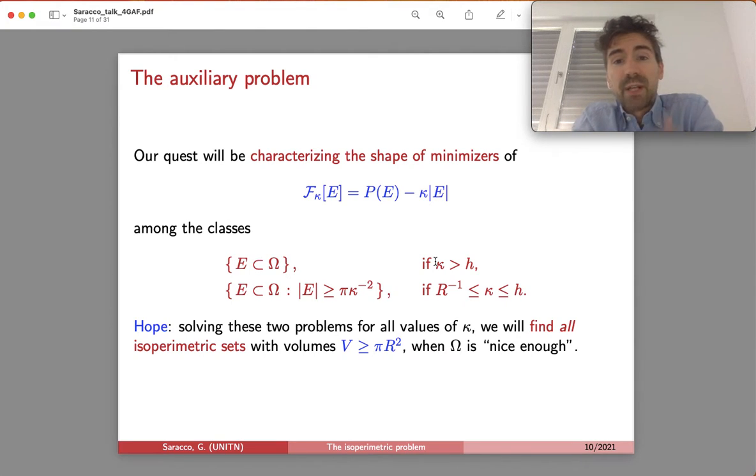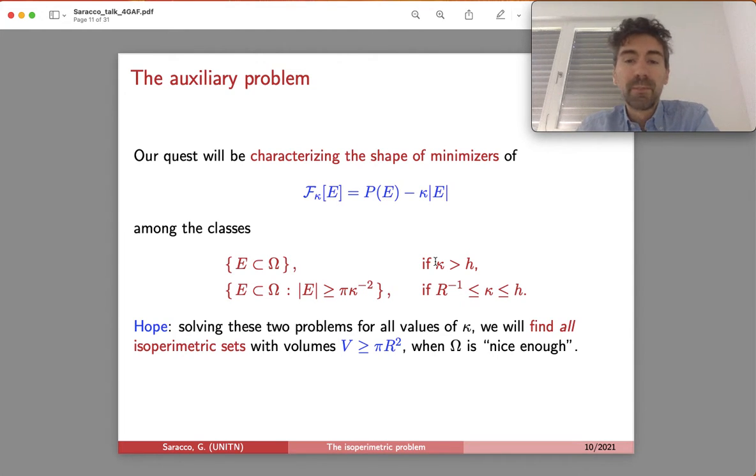So this is more or less our auxiliary problem. And we will characterize the shape of minimizers of these functionals. So we fix a positive constant kappa and we look at minimizers of perimeter of E minus kappa times the volume of E among the following classes: all subsets of omega if kappa is strictly greater than the Cheeger constant, and among all subsets whose volume is bounded from below by the volume of a ball of curvature kappa if kappa is in between 1 over capital R and the Cheeger constant.